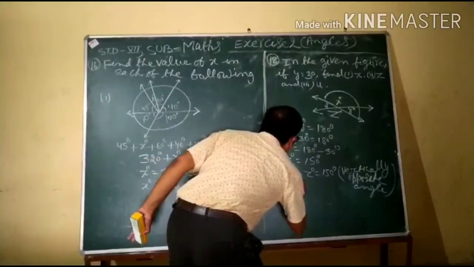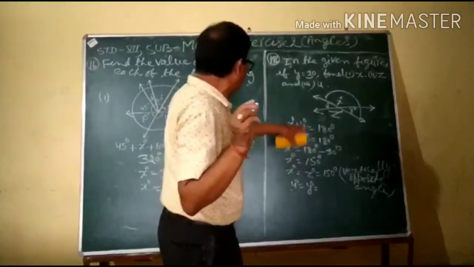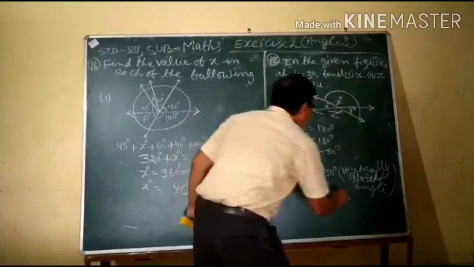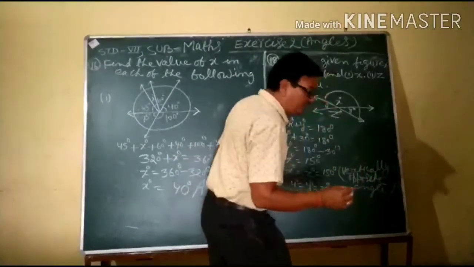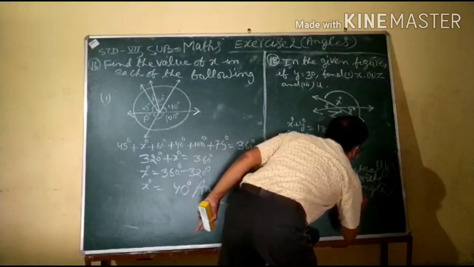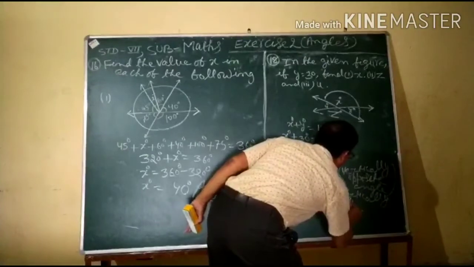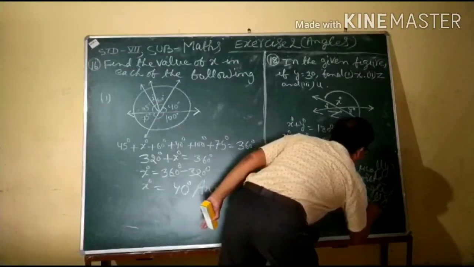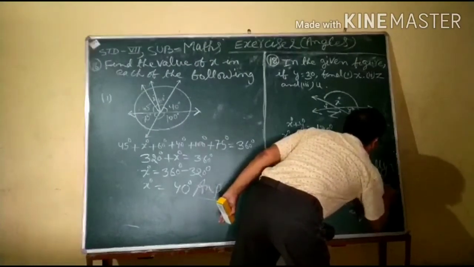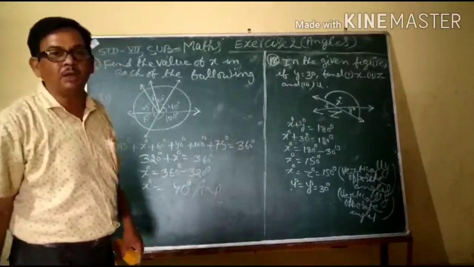U is equal to y is equal to 30 degree. The reason is the same, vertically opposite angles. Here also the angles are equal. Understood now? Thank you. If you have any problem, contact me.